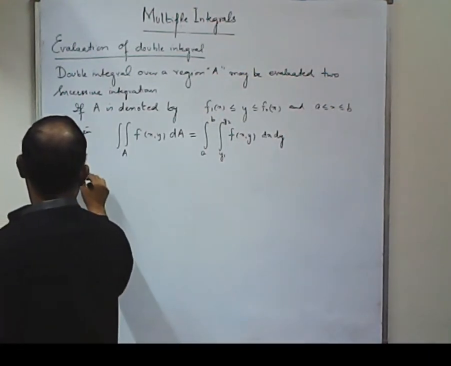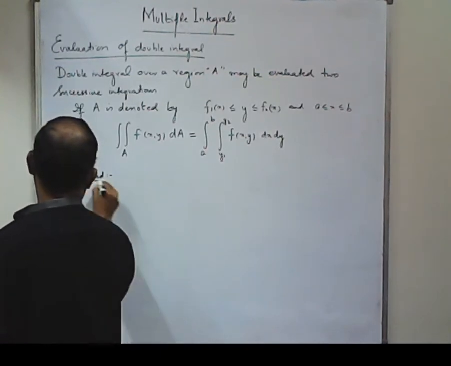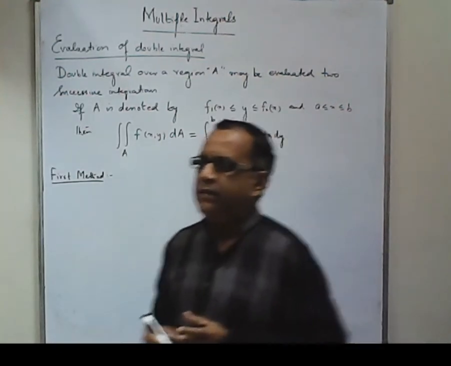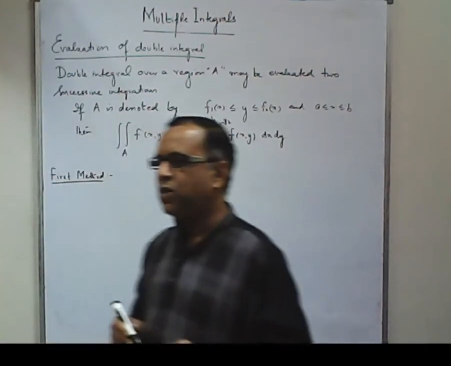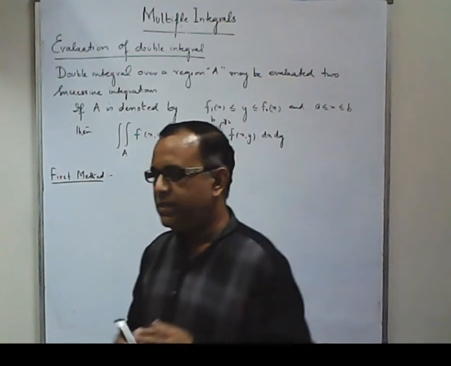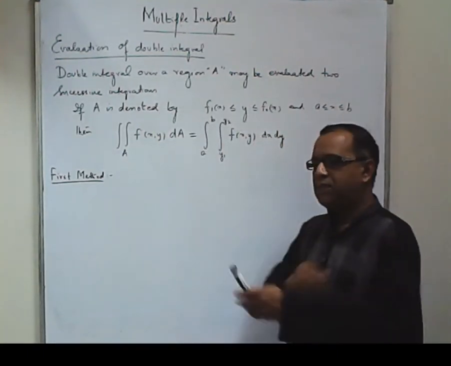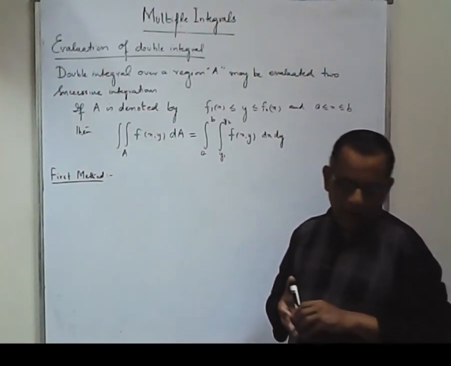Now the most important thing is how we will evaluate it: do we integrate with x first or with y first, or is it always the same? This is the most important thing to understand, and that is why I am highlighting it here.